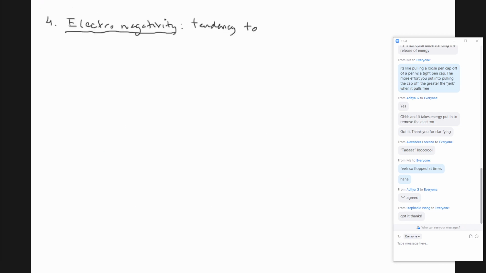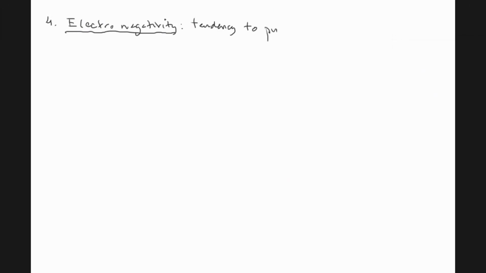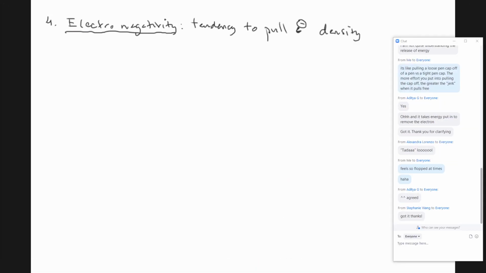All right, electronegativity. This is the tendency to pull electron density towards oneself. I think of it as the electron hog. And if you think about it, why do they want to hog electrons?